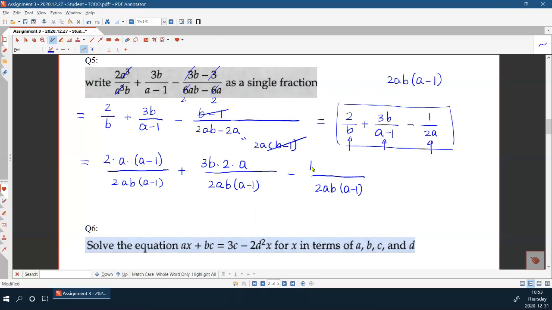The numerator is 1 times, okay, we already have 2a here. So times b times a minus 1. Sorry, I missed the b here.